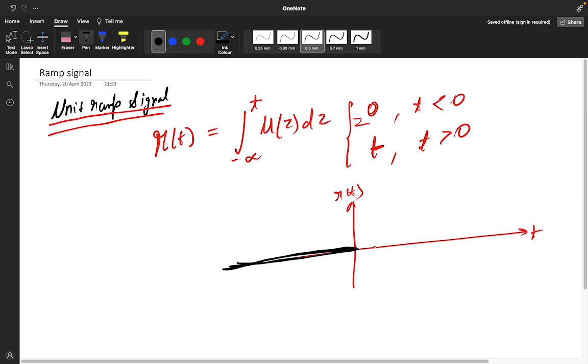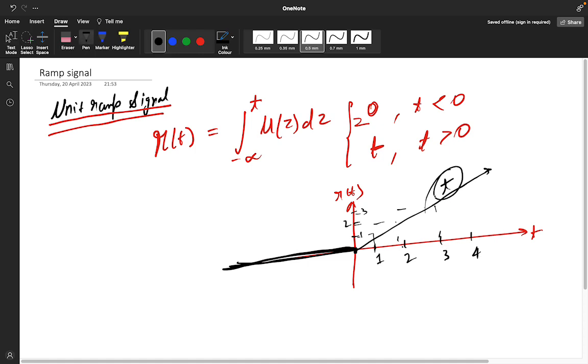So suppose this is 1, this is 2, this is 3, this is 4. At 0 it will be 0, at 1 it will be 1, at 2 it will be 2, at 3 it will be 3. So we are getting a straight line like this, we can say it's t.